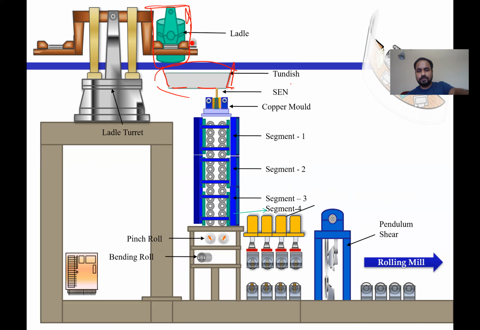So how the process is done is you have a starting rod which comes in, which is going to draw the molten metal. You have your molten metal in the ladle here. It is poured into the tundish. It comes here. Now from the tundish, it'll go to the mold.